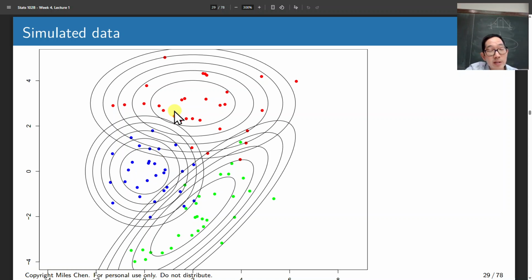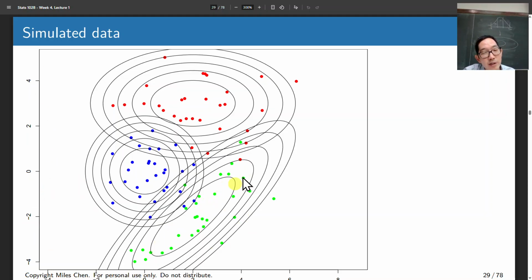Whereas for class A, x1 has more variance than x2, so we have more spread horizontally than we do vertically, and they are independent of each other. So the major and the minor axes of these ellipses are parallel to the x1 and x2 axes.